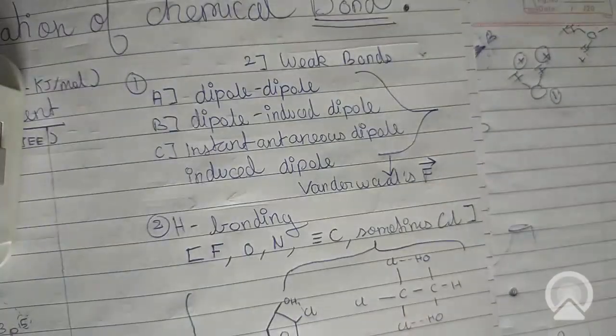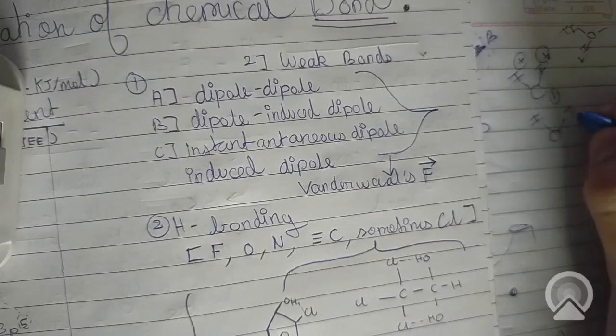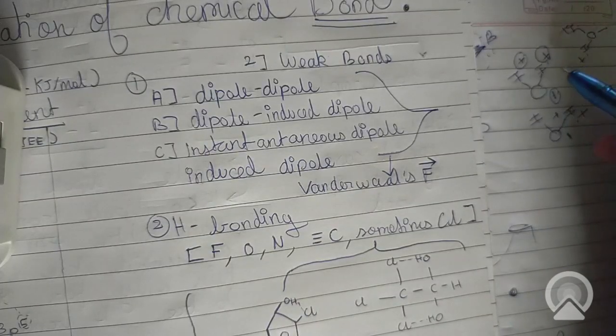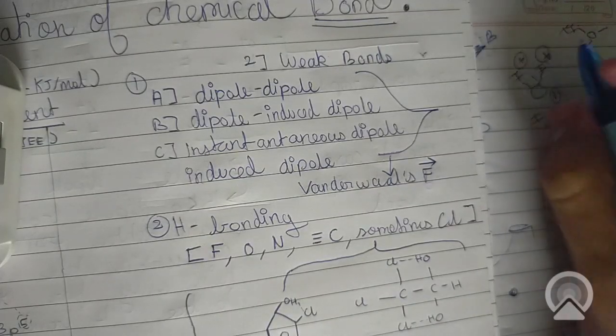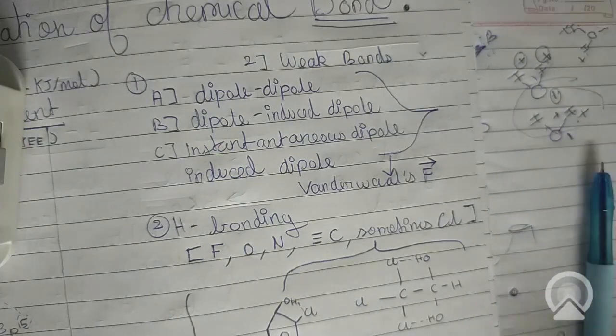So now if one more water molecule comes, oxygen, hydrogen, plus minus. There is a minus charge here and a positive charge on this hydrogen. This is water molecule 1, water molecule 2, and they both will attract each other because of the plus-minus distribution. This is also called cohesion in other terms, but it's also called van der Waals forces.